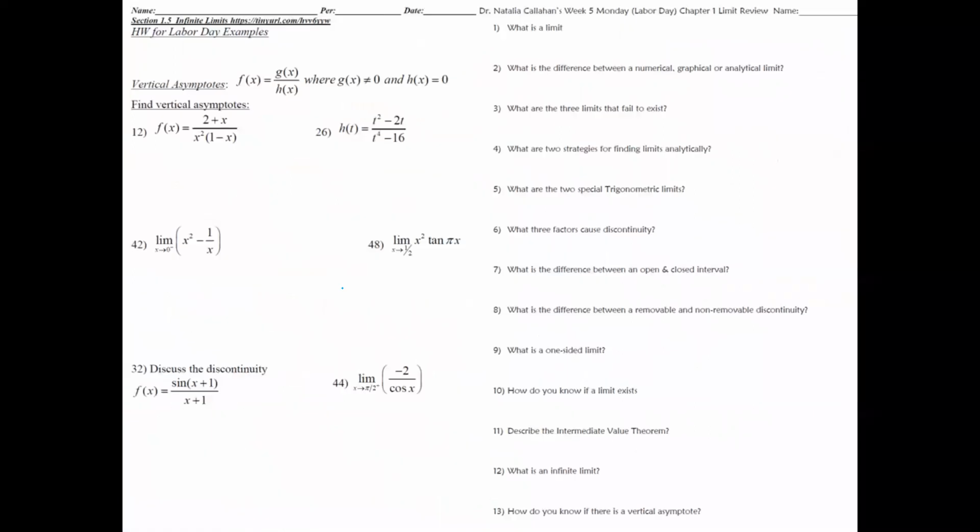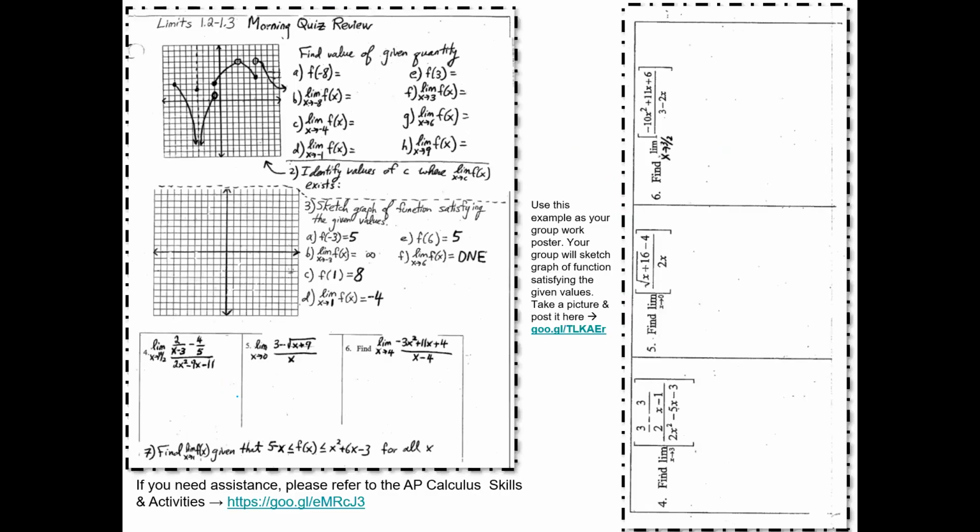Then I have the questionnaire on limits that we're going to go over. And then a few practice problems from the textbook on finding vertical asymptotes, and also discussing the discontinuity.